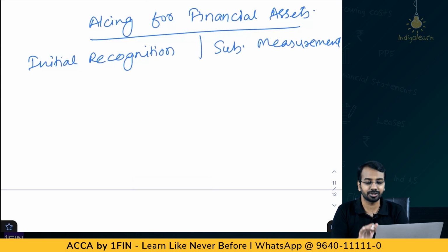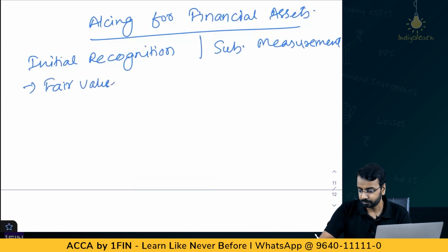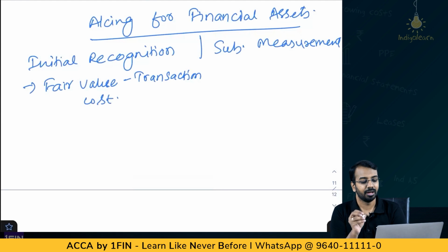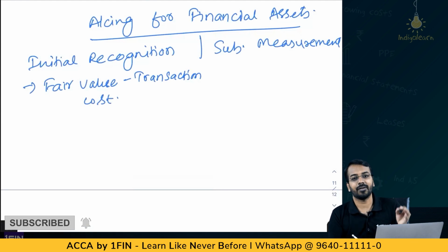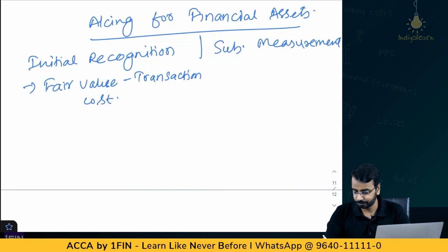Now, when we talk about initial recognition, it is at fair value plus transaction cost. Initial recognition, fair value plus transaction cost. So, for example, if I make an investment in a bond at 100, so it will be plus transaction cost, my bad.